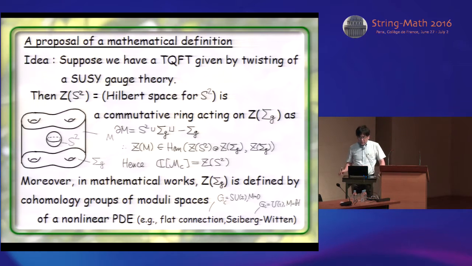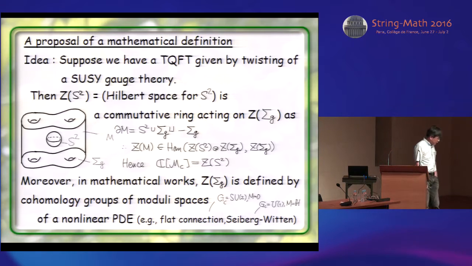So there is one point which you must be a little careful about. If I formally consider the moduli space on the 2-sphere instead of a genus g Riemann surface, then for flat connections, there's no nontrivial flat connection on a sphere, because the fundamental group of S^2 is trivial.